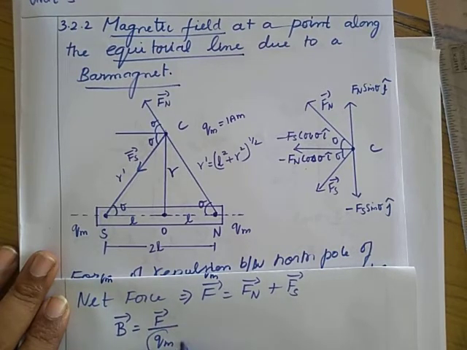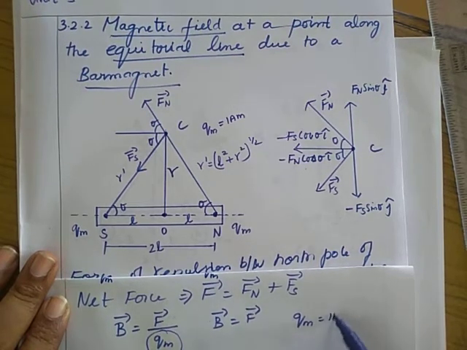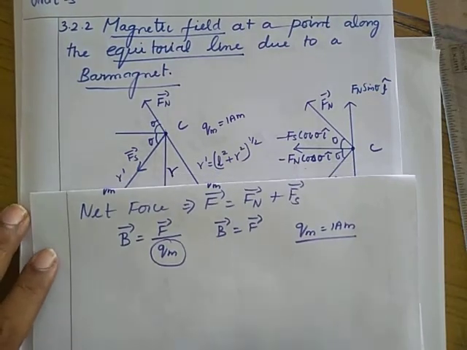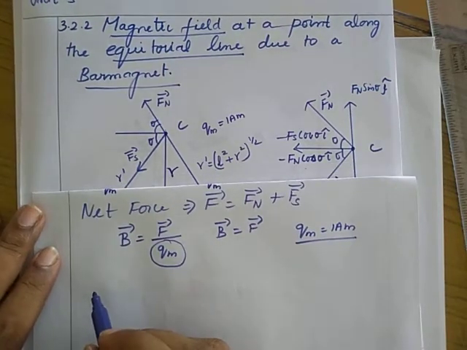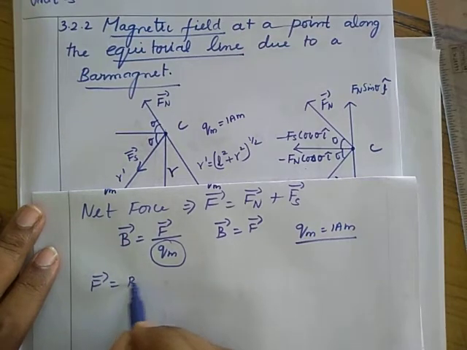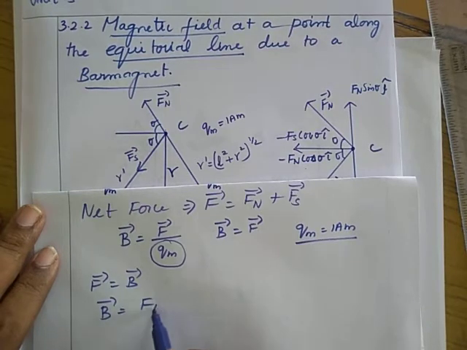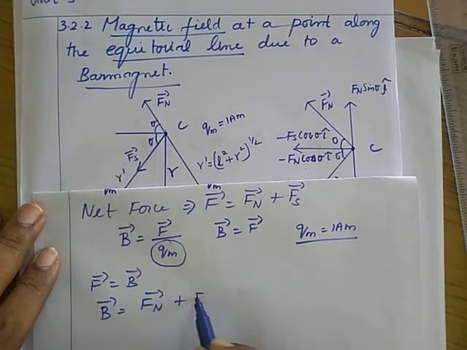The value of that unit north pole at the point C is 1 ampere meter, then magnetic field is equal to that force, because Qm is equal to 1 ampere meter. Then the total magnetic field is equal to Fn vector plus Fs vector.